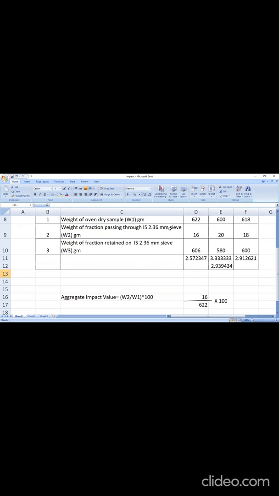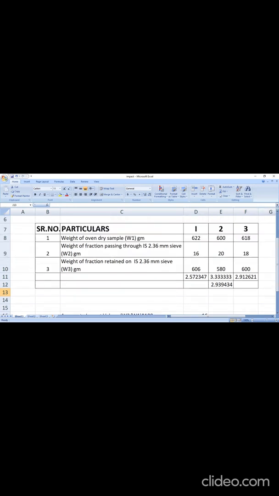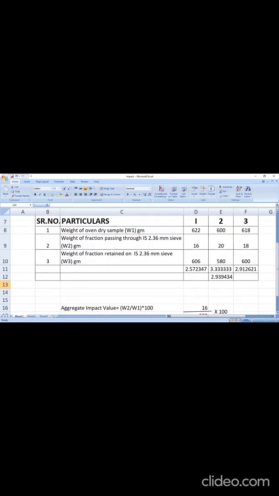So for reading number 1, W2 is 16 and W1 is 622. So the calculation is W2, 16, divided by W1, 622.